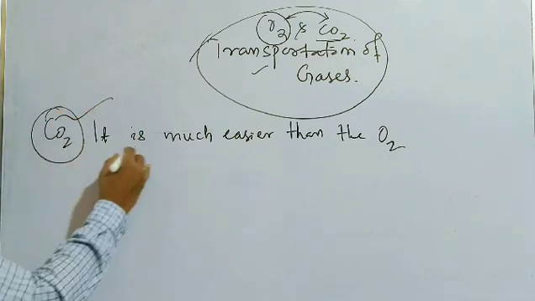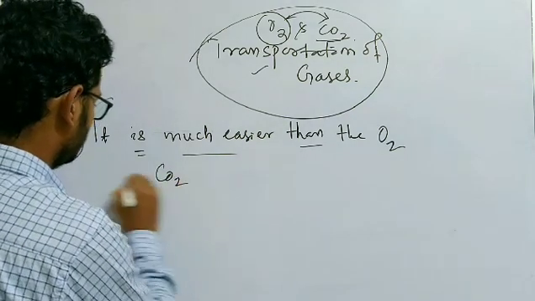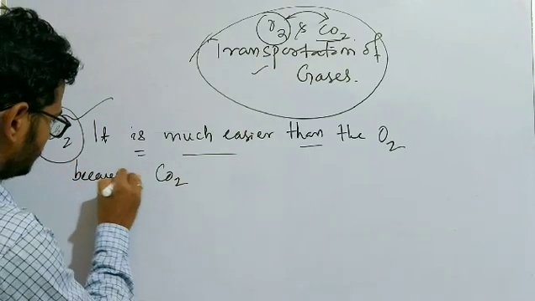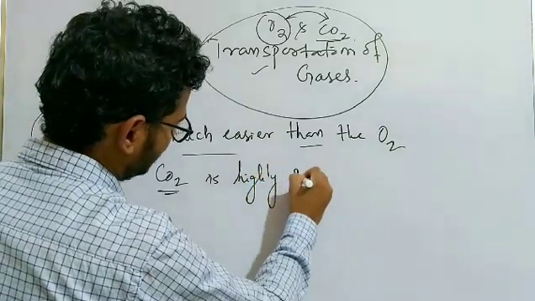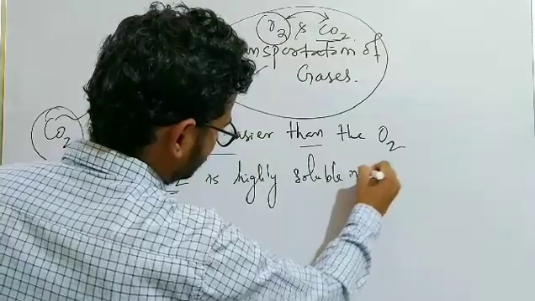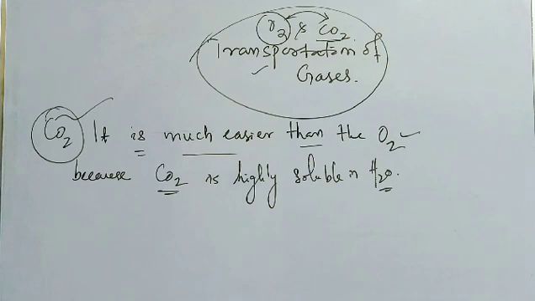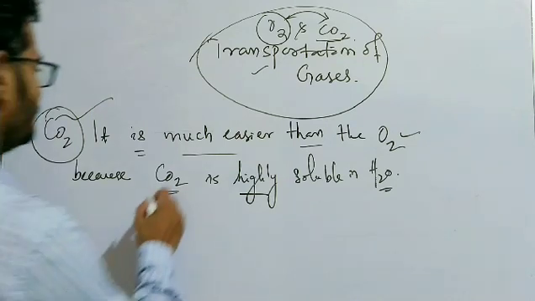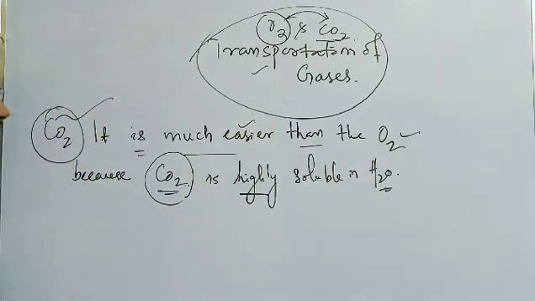It means the carbon dioxide is easier than that of the oxygen because it is highly soluble in water as compared to that of the oxygen. So as carbon dioxide is more soluble or highly soluble with water, it has better chance, or it can easily transport with the help of the blood.